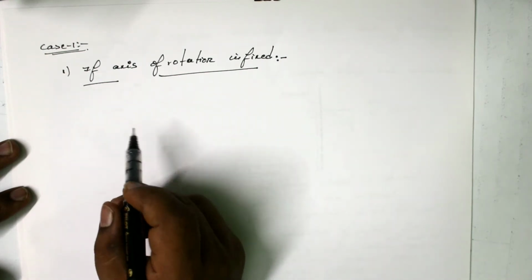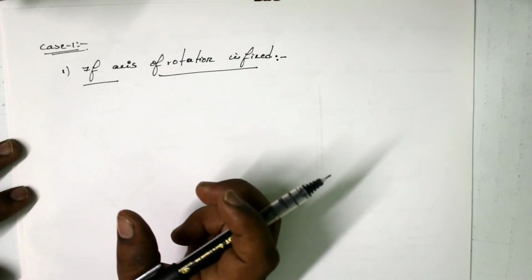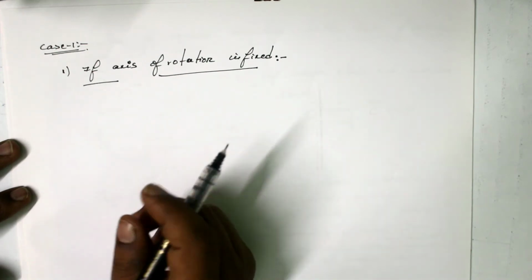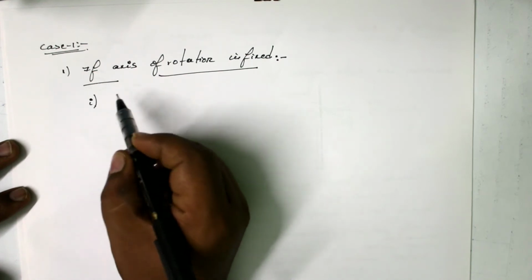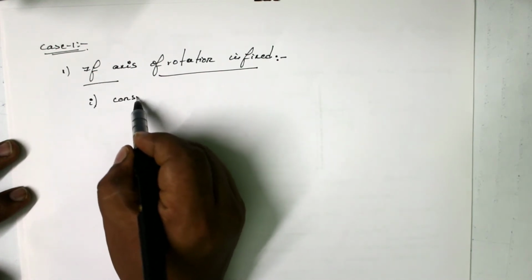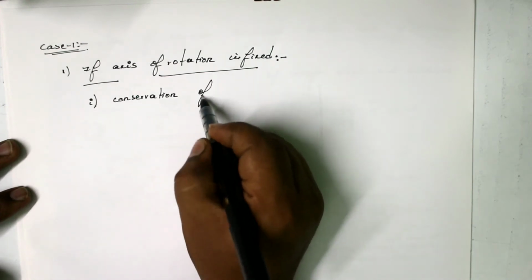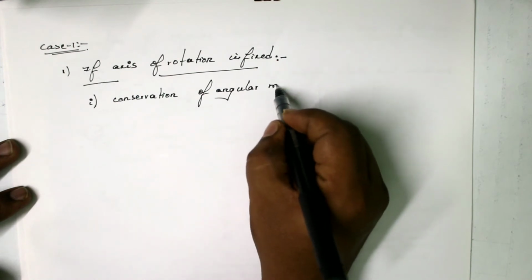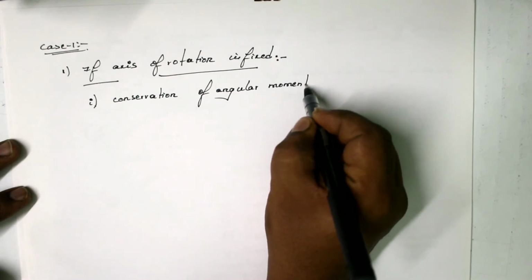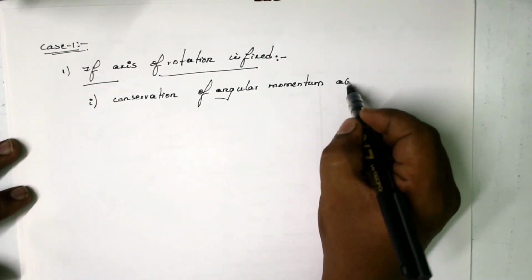So here we consider the conservation of angular momentum about the axis of rotation. First of all we will write the equation, or we will consider conservation of angular momentum about the axis of rotation.